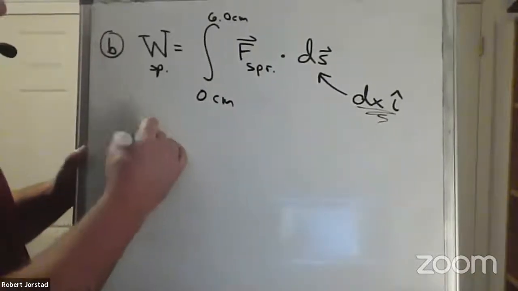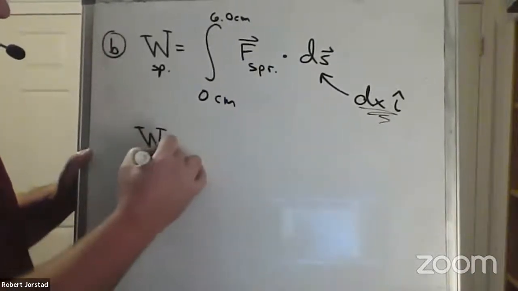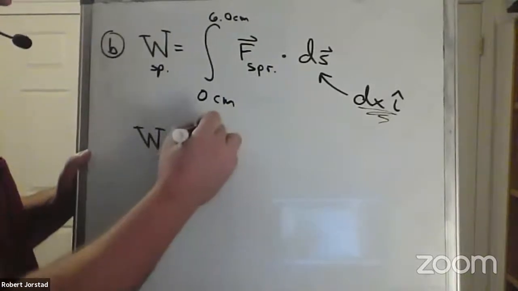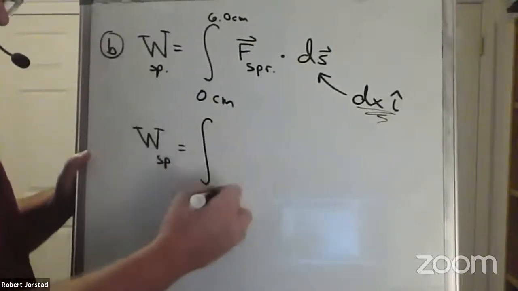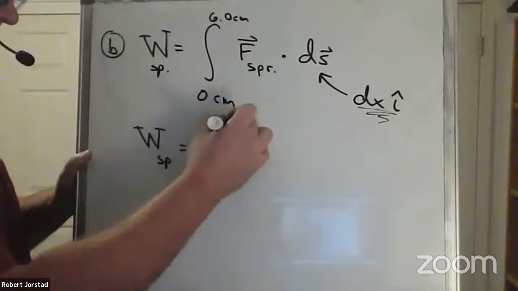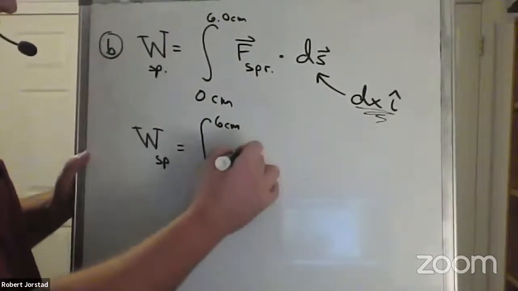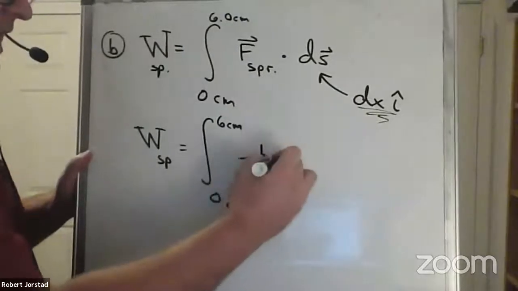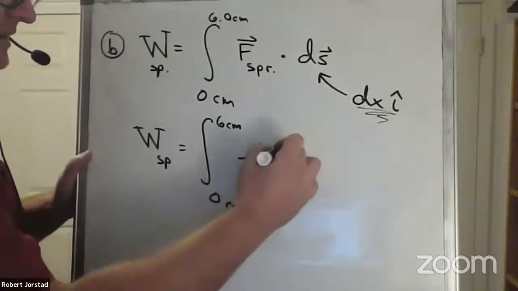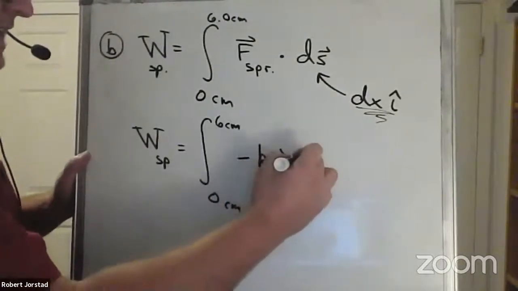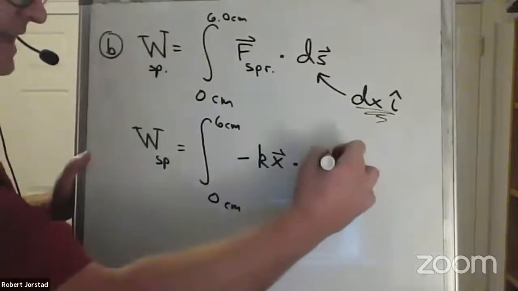So let's plug this in. Notice I'm being very careful with the vectors during this first problem. 0 to 6 centimeters. The force is negative k x vector dot dx in the I hat.